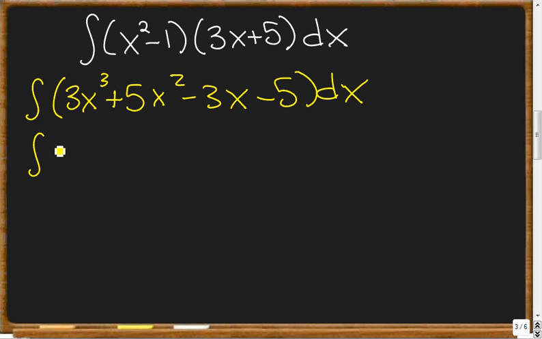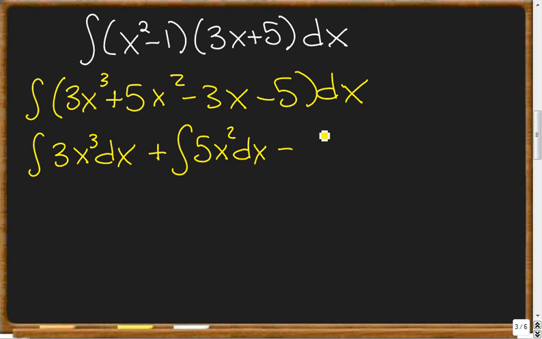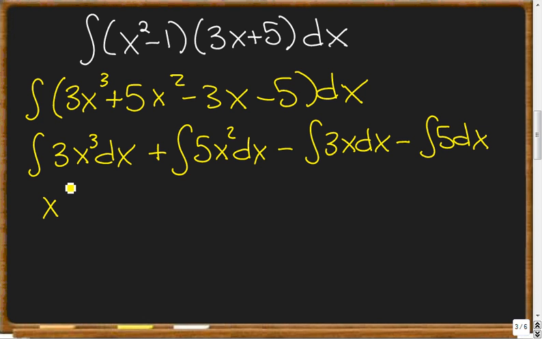So this is the same thing as integrating 3x cubed dx, and then adding the integral of 5x squared dx, and then subtracting the integral of 3x dx, and then finally subtracting the integral of 5 dx. Each of these can be dealt with individually fairly easily. So over here, we've got x cubed plus 1, which is going to make x to the 4th.